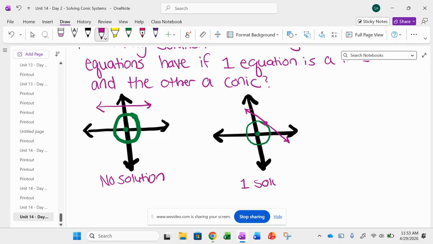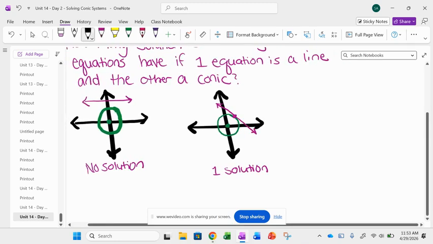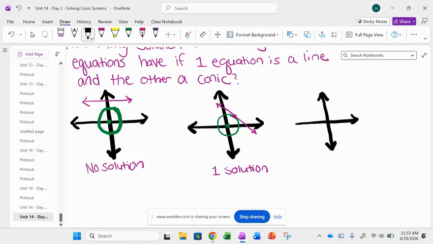We could have one solution. I can have two solutions also, right? Right here. That's two solutions. So you could have no solution, you could have one solution, you could have two solutions.